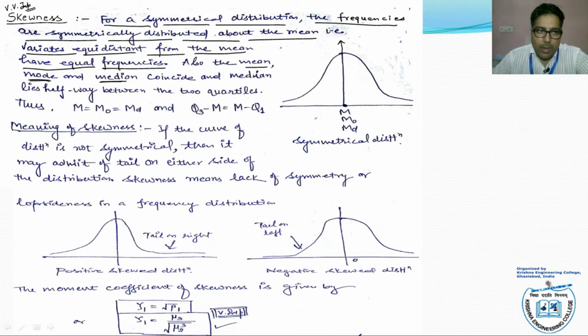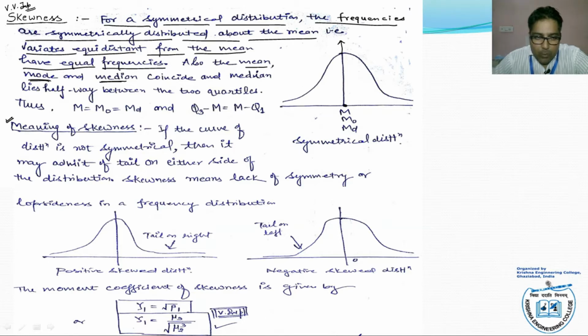The meaning of skewness. If the curve of the distribution is not symmetric, that means it may admit of a tail on one side of the distribution. In simple words, skewness means the lack of symmetry. The lack of symmetry occurs on one side.